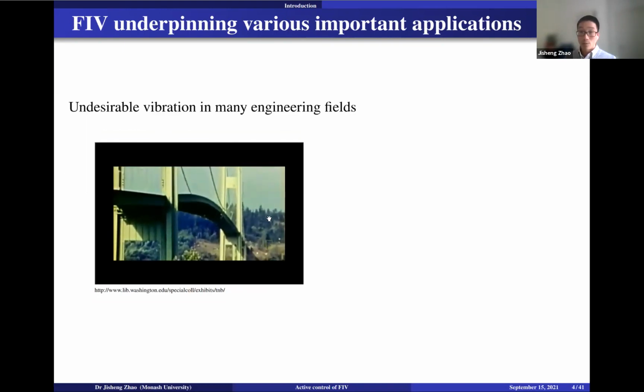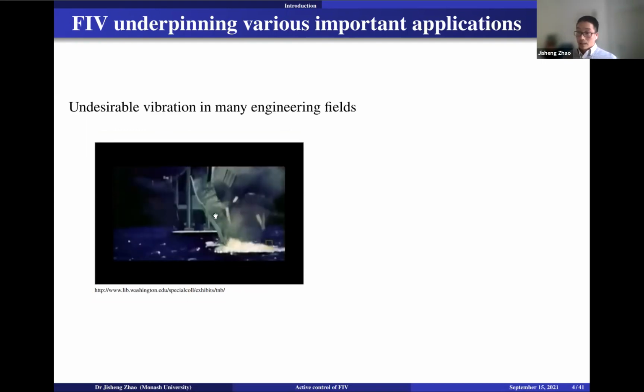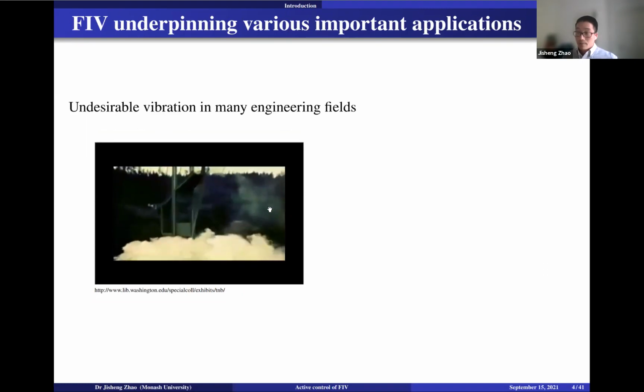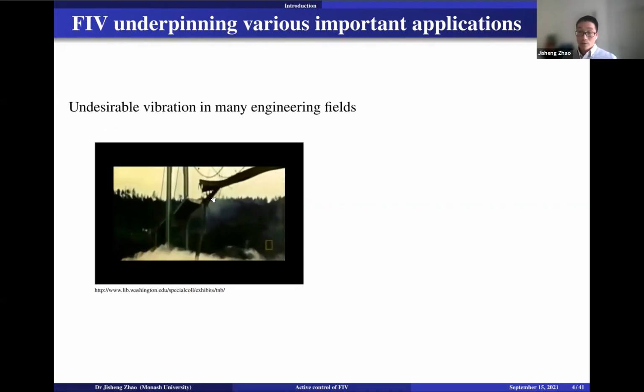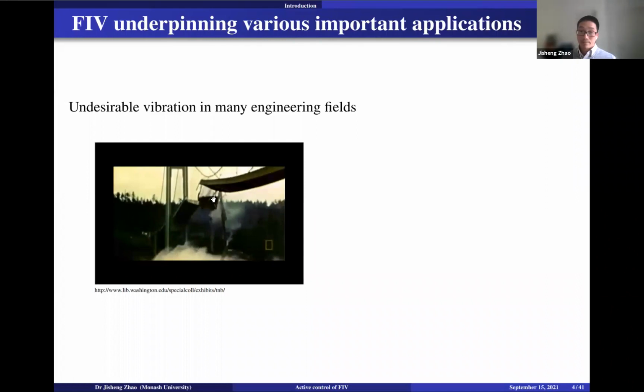The wind speed wasn't that high; you can see from the trees, right? But actually, the vortex shedding past the bridge initiated the structural vibration, and then because the bridge cross section is not a circular cylinder but a rectangular cylinder, it experienced what we call galloping.